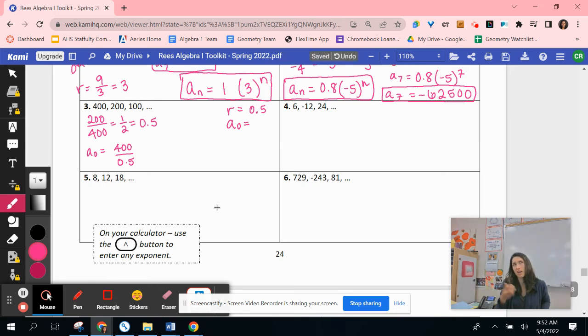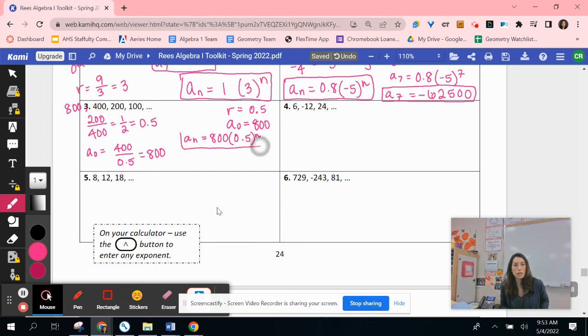It's also easier to divide sometimes by decimals than it is to divide by fractions, and that's going to be 800. Okay, and if you think about it, that makes sense. If I start here with 800, take half of it, that's 400. Take half of it, that's 200. Take half of that, that's 100. So that's going to be 800 for our 0th term. So our equation a sub n equals our 0th term multiplied by our common ratio to the power of n.